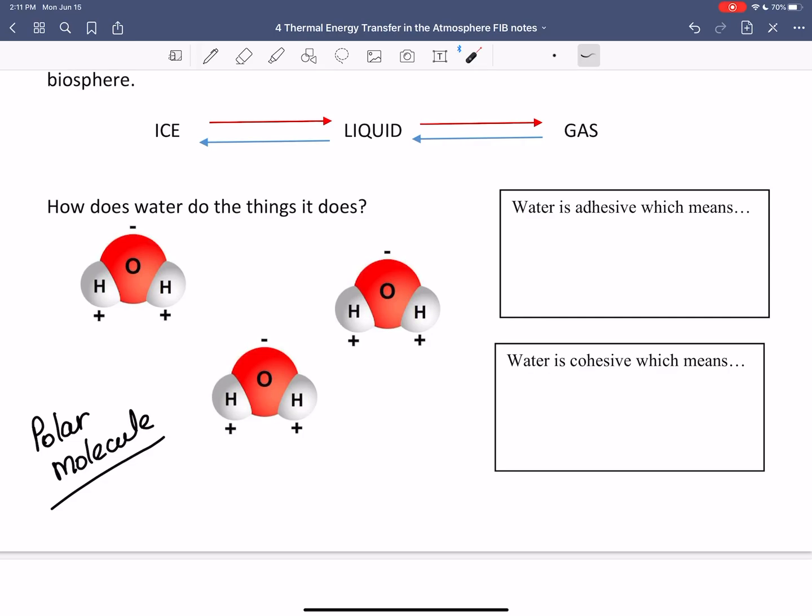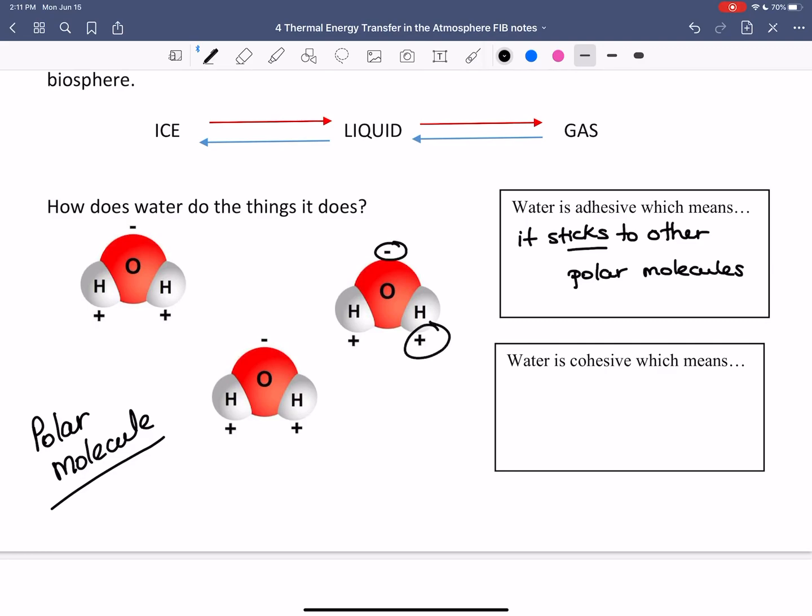So water is adhesive, which means that it sticks to other polar molecules, other molecules that, just like water, have a positive and a negative end. And it is also cohesive because it sticks to itself. Again, water molecules are attracted to other water molecules.